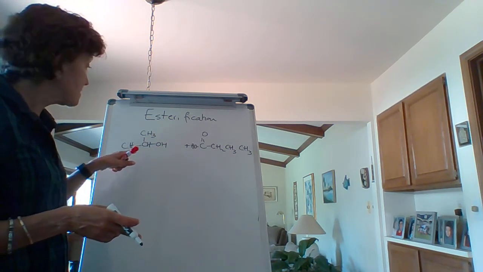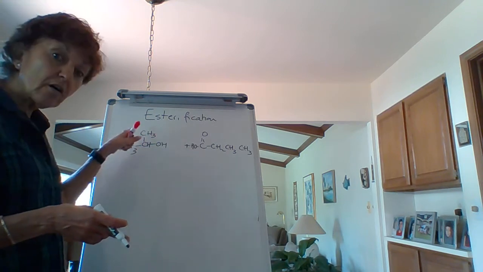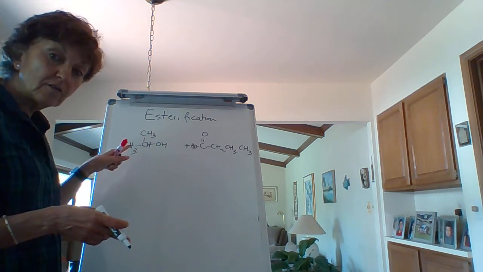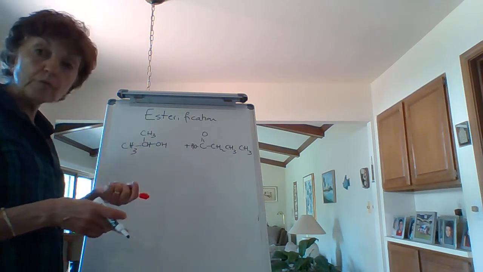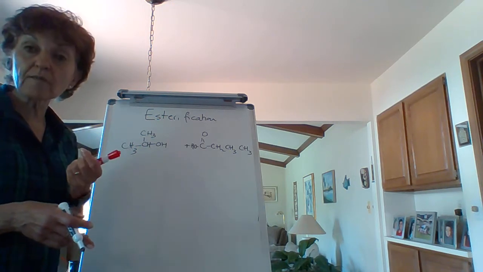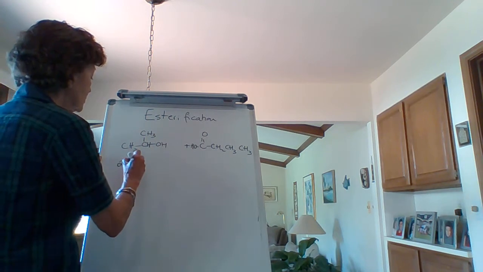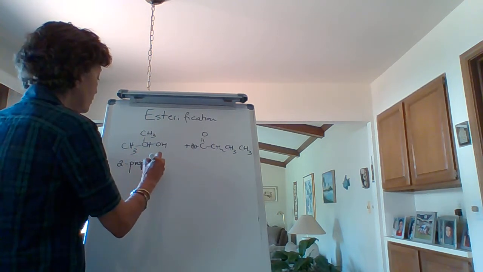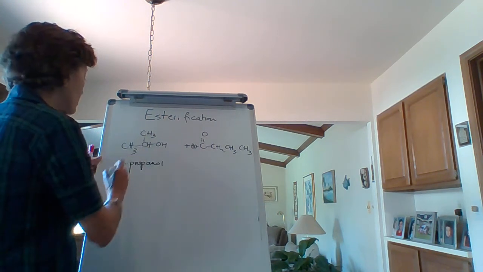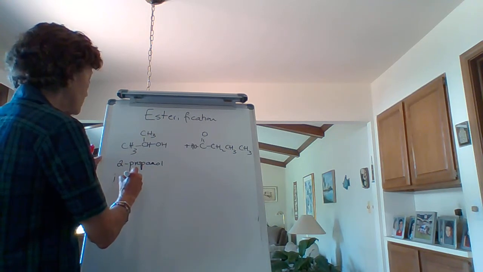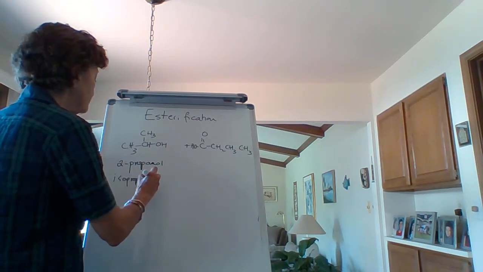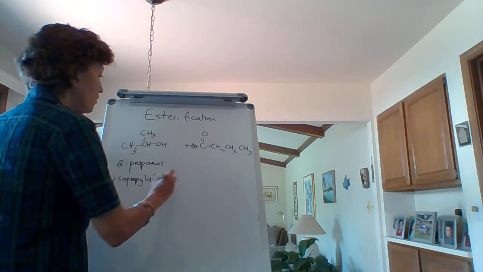This is 3 carbons, OH in the middle. So 2-propanol, or what is the common name? Isopropyl alcohol. So this would be 2-propanol. That's IUPAC. And common is isopropyl alcohol.